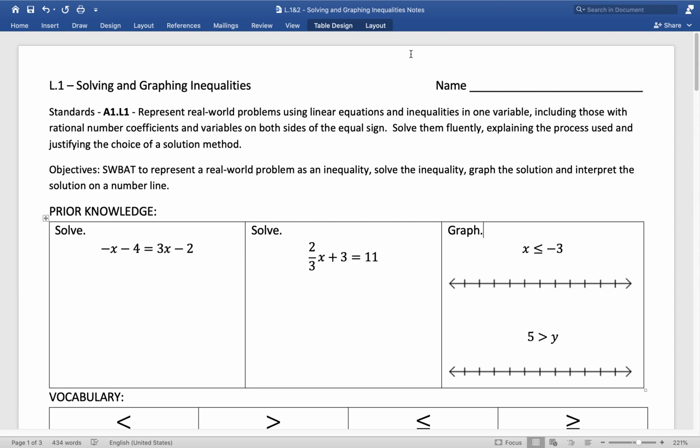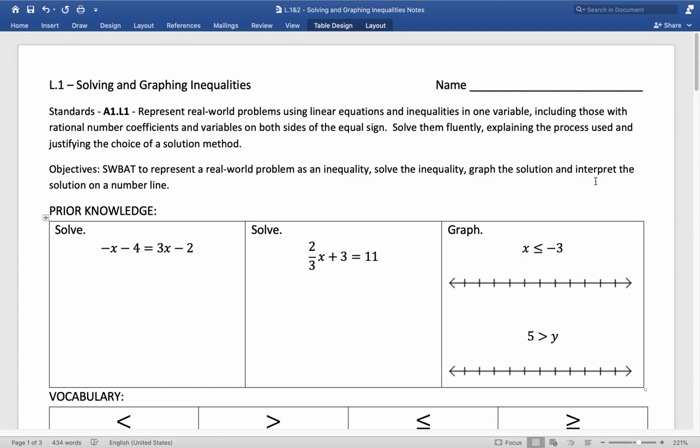So previously, we've just done equations. Today, we are coming back and doing inequalities. And so the expectation is that students will be able to represent a real-world problem as an inequality, solve the inequality, graph the solution, and interpret the solution on a number line.